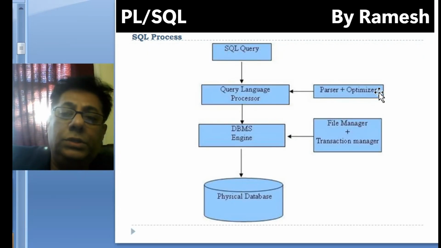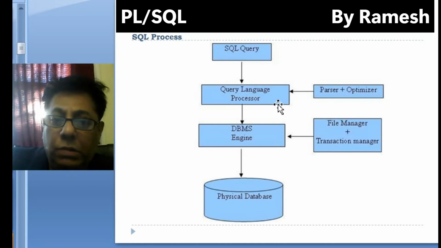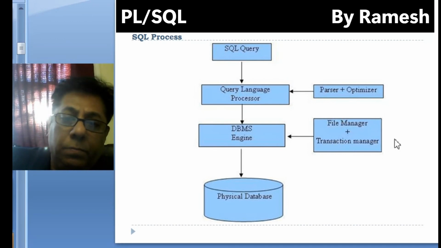Once the parser optimizes every single statement, it passes through the DBMS engine, and the database management engine decides to send it to the file manager to pick which file is to get updated.